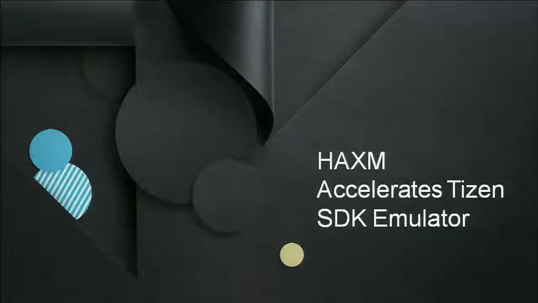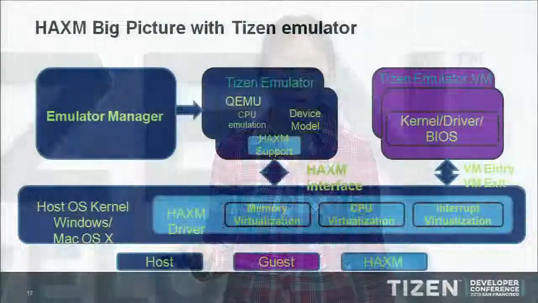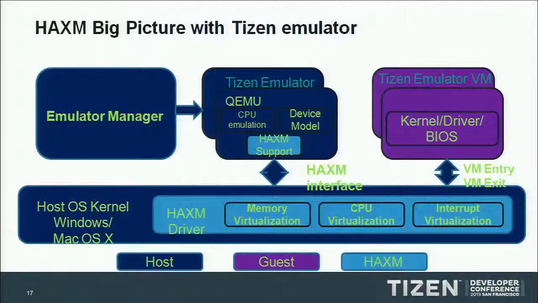This is the 3rd section, how HAXM accelerates the Tizen SDK Emulator. Here is the HAXM big picture with the Tizen emulator. The dark blue one indicates the host-related items, the light blue one indicates the HAXM-related items, and the purple one indicates the guest.